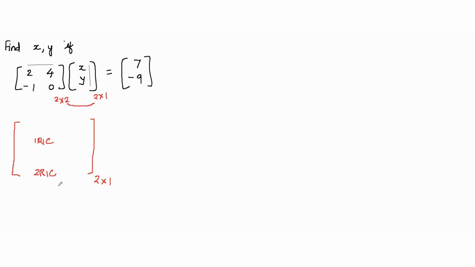So from this I get 2x plus 4y. And now to find the second row, first column, I take the elements of the second row and the first column. So it becomes minus x plus 0 into y, that's 0y. And this has to be equal to 7 minus 9.